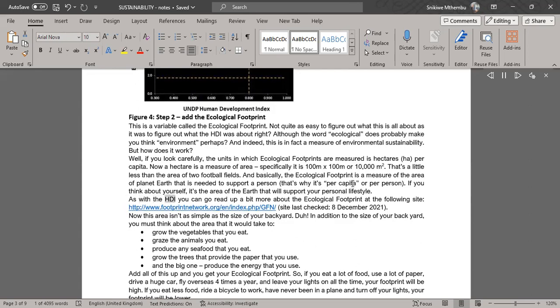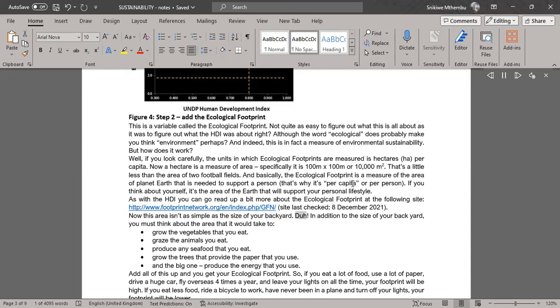As with the HDI, you can go read up a bit more about the ecological footprint at the following site, http://www.footprintnetwork.org/n/index.php/gfn, site last checked, December 8, 2021. Now this area isn't as simple as the size of your backyard.